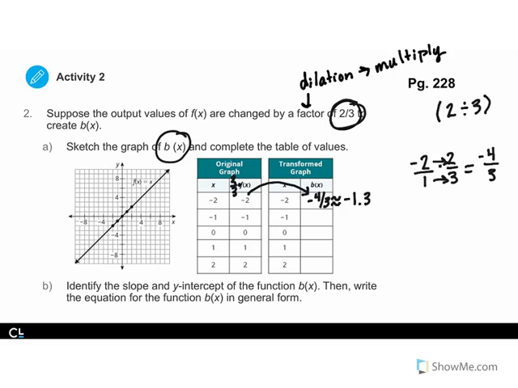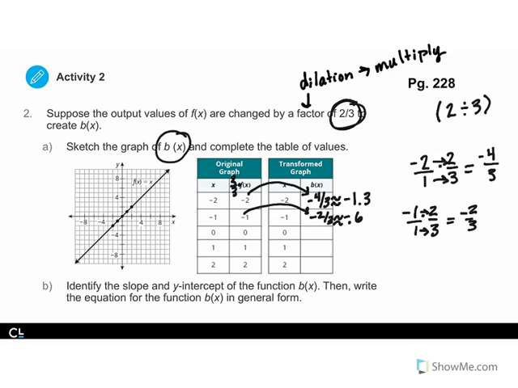So we're going to do the same thing again. We have -1, so -1 times 2/3, which is -2/3, because we're multiplying straight across. So -1 times 2, 1 times 3. So -2/3 is approximately -0.6.